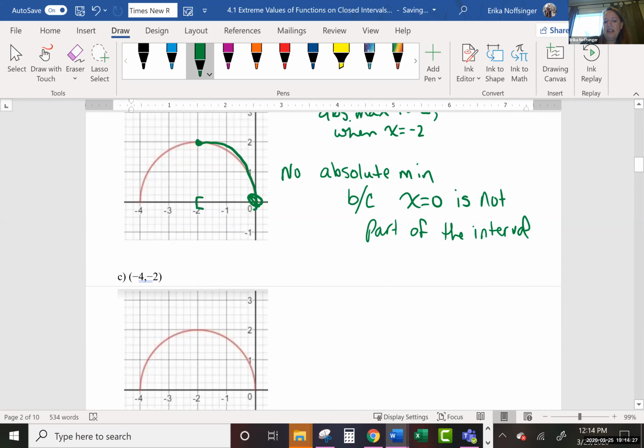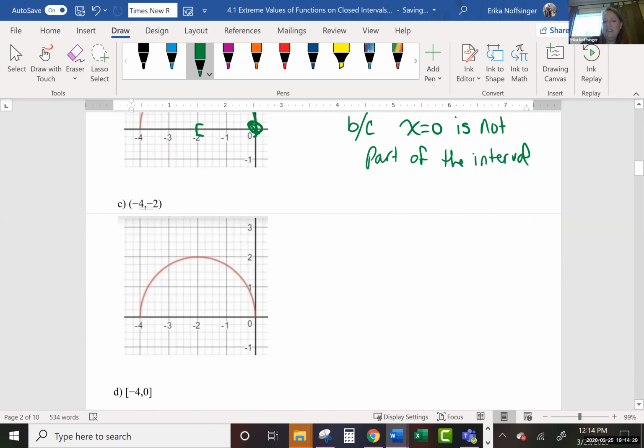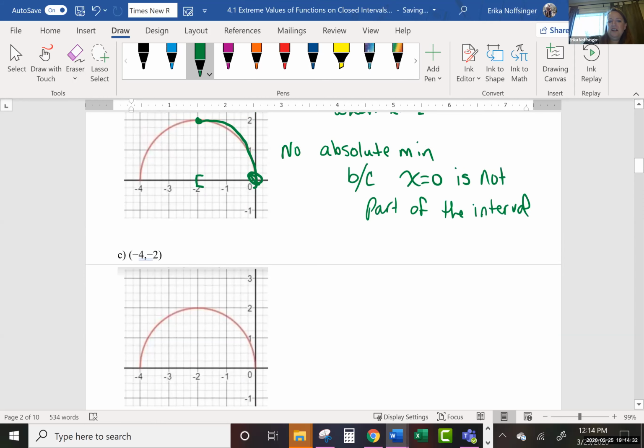So looking at the next example, -4 to -2. Looking at -4, it's not including, and -2, it's not including, so we have open circles there. Is there any value of x that gives me the largest value on this graph?